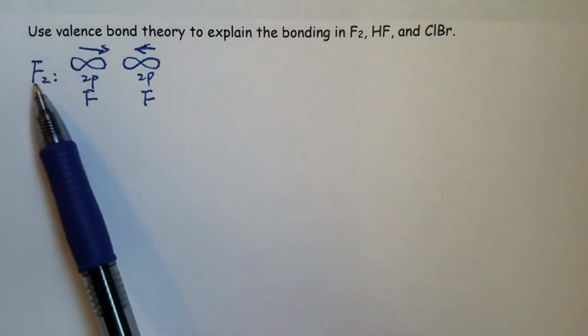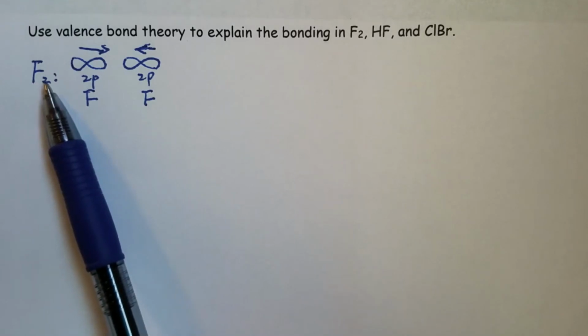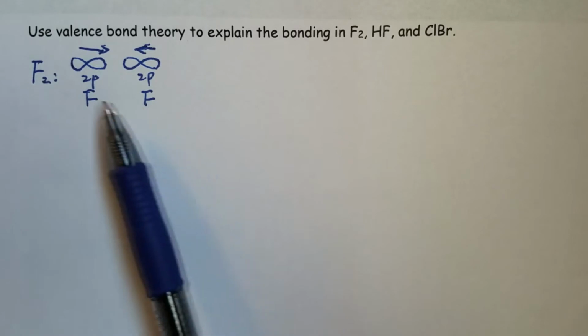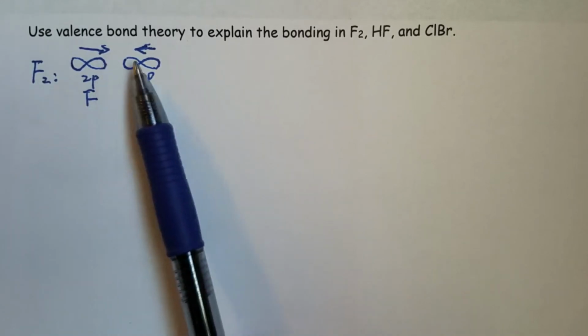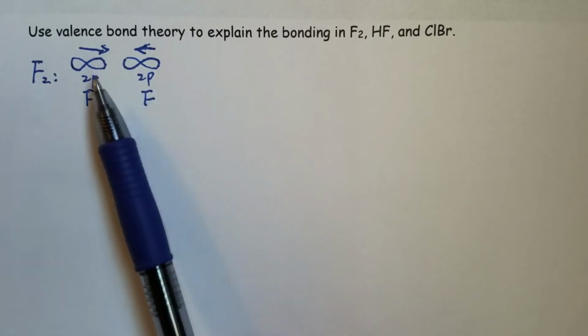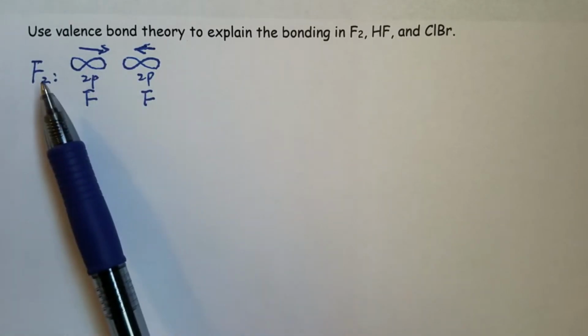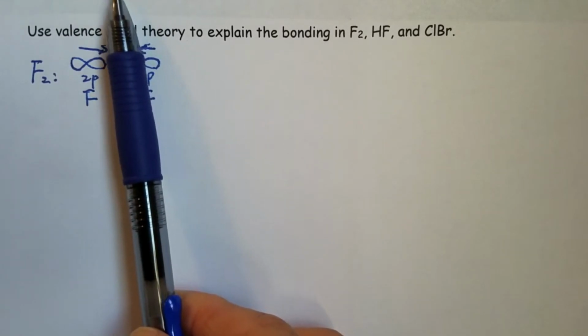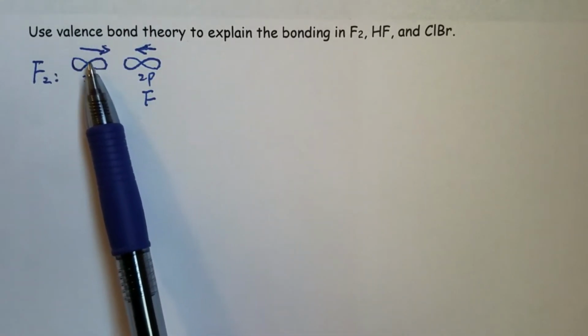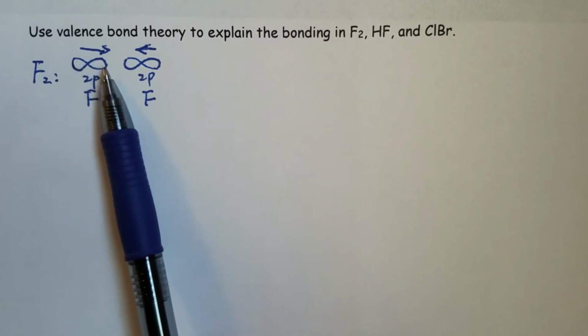As we can see, the fluorine molecule F2 is composed of two fluorine atoms, before their atomic orbitals overlap, forming the molecule. That's one of the fluorine atoms, and we concentrate on the 2p orbital because that's where its valence electron occupies.